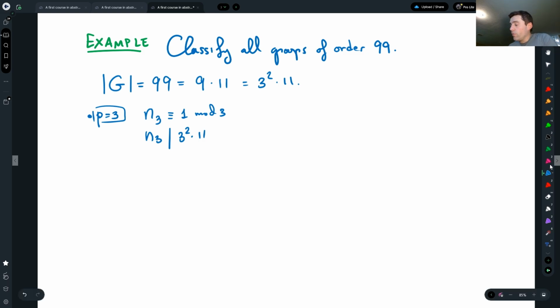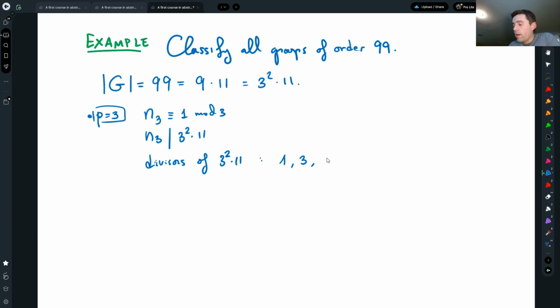So, or if you want, what are the divisors of 3 squared times 11? Well, there is 1 and 3 and 9 and 11 and 33 and 99.